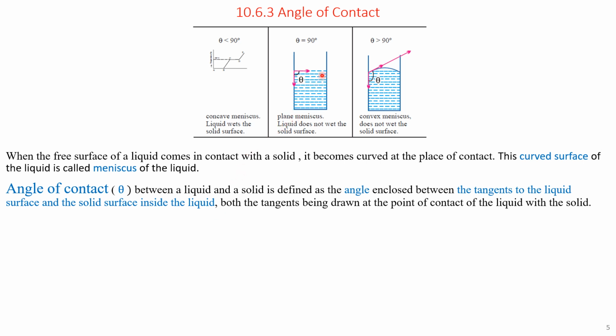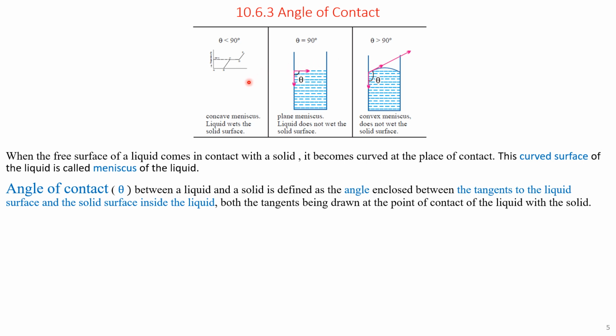A container is filled with a liquid and the contact area is shown here. The angle in the contact area, when it is plane, is 90 degrees, and when it is curved, it can be greater than 90 degrees or smaller than 90 degrees.